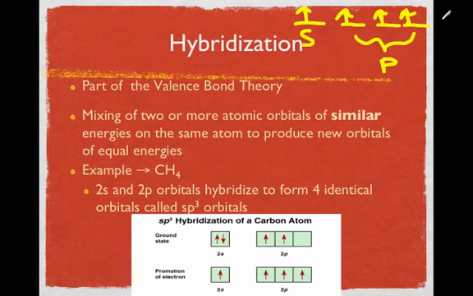And carbon will form 4 bonds. So we have 4 places where we can share electrons from different atoms. Okay, and this is called an sp3 orbital when it's hybridized, because there's an electron in the s and an electron in 3 of the p orbitals. So it's called sp3 hybridization. For that one, yep. Carbon's always going to be sp3.